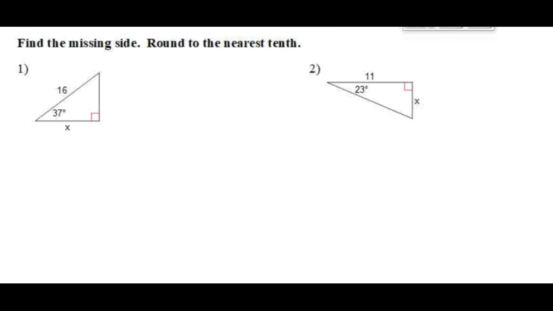Let's consider two more examples. So first, remember that we do need to write down our trig functions, sine, cosine, and tangent, and their ratios, SOHCAHTOA. And then we're going to look at our reference angle. In this case, our reference angle measures 37 degrees. I then notice that 16 represents my hypotenuse because it's across from the right angle.